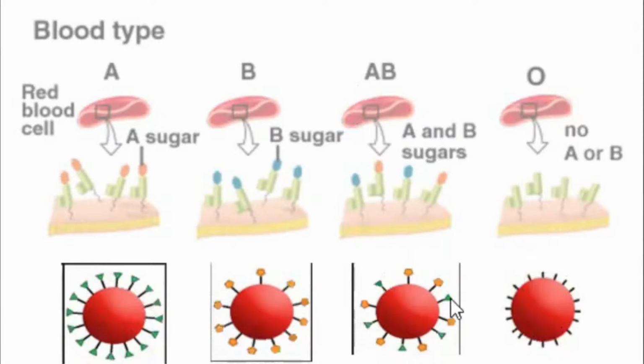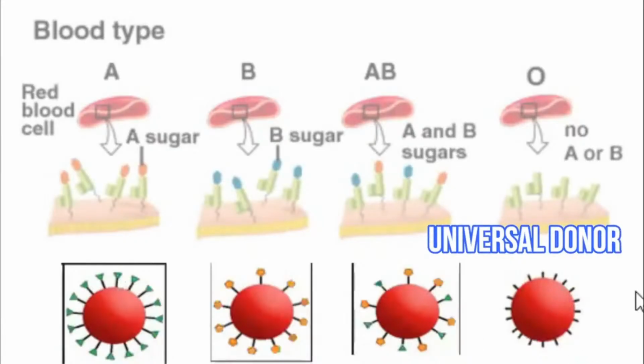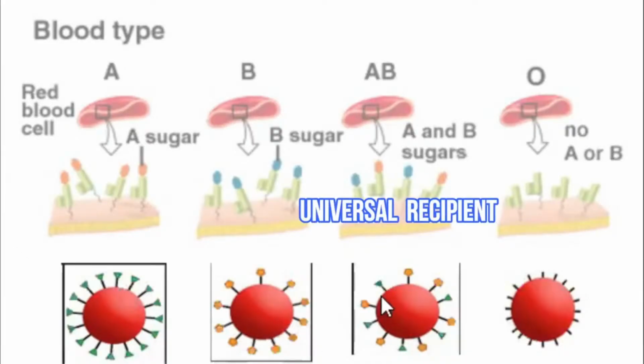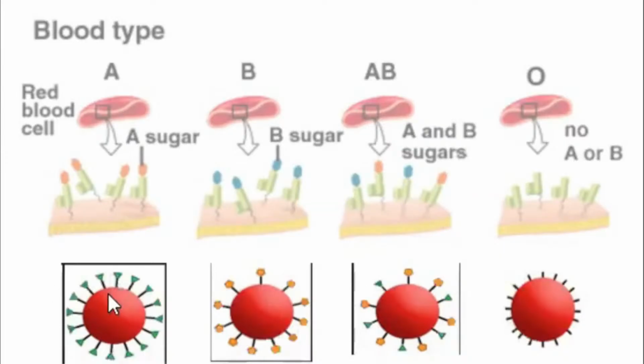Because of this kind of antigen, if it is not compatible, then you can't receive. That's why blood group O can donate to anyone. Why? Because it doesn't have the recognition sites. And then blood group AB can receive from anyone. Why? Because it has both, so it has the universal receptors.